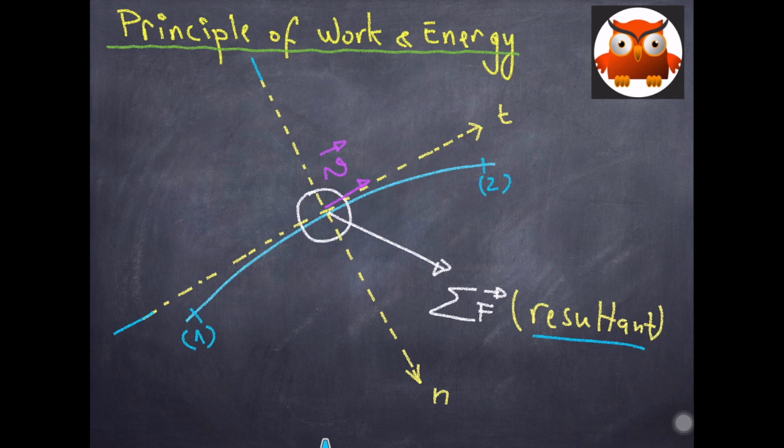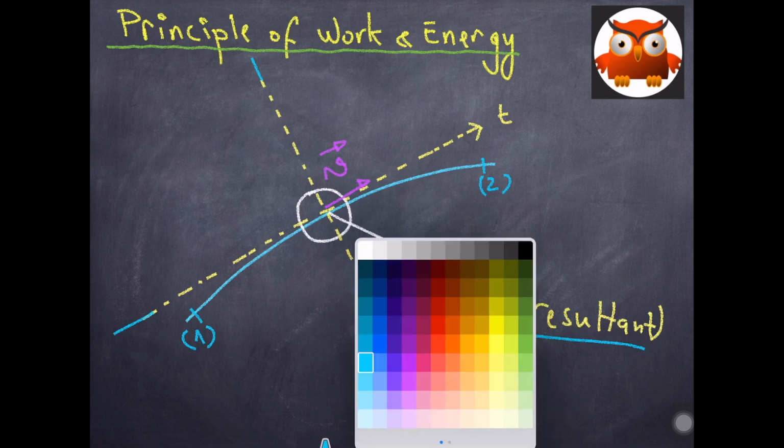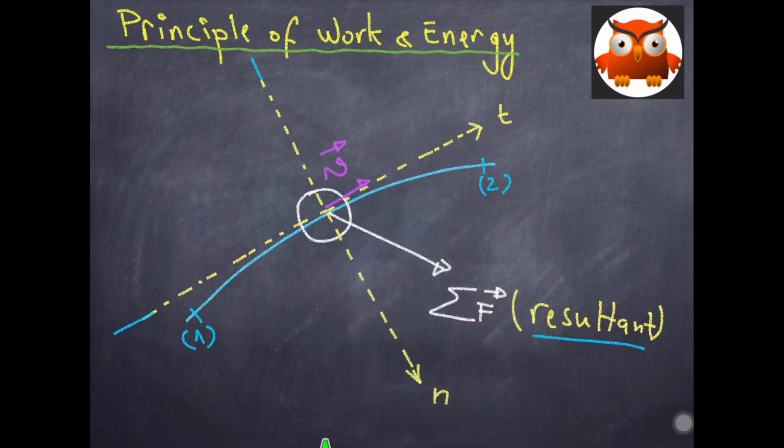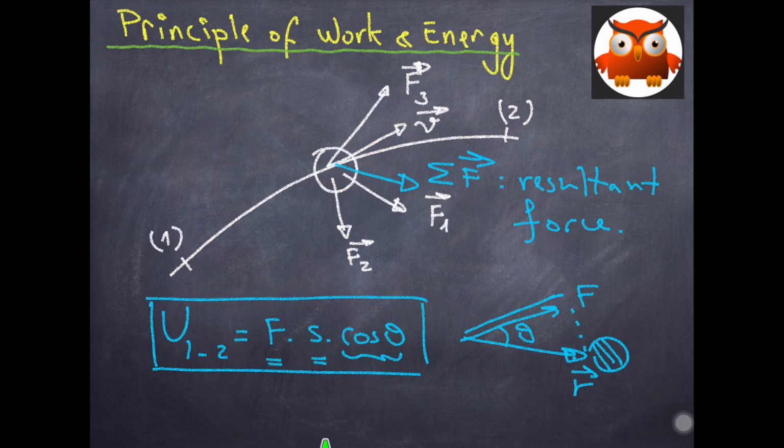And the particle is subjected to the resultant of the forces applied on the particle originally. Now, as I said, not all the components of the resultant force will contribute. So, if a force that is applied to a particle makes an angle of 90 degrees with the direction of motion, that force will not do any work.